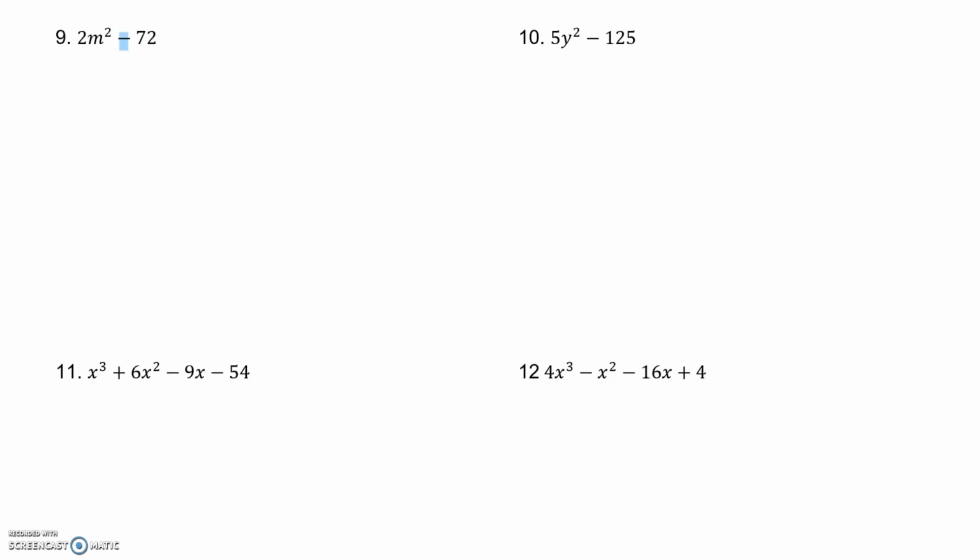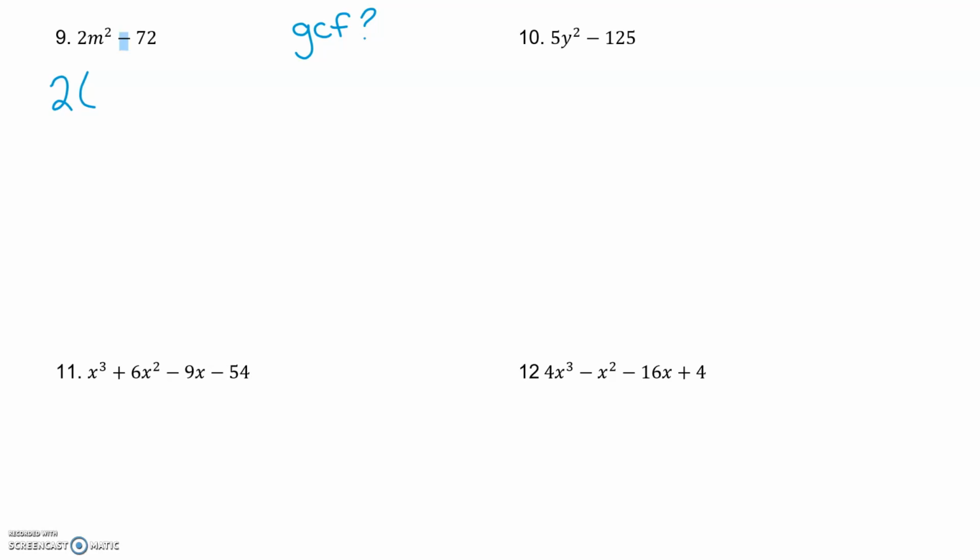So before we jump the gun and say that this one is not factorable and that we can't do anything, we always need to go back and ask ourselves, is there a GCF? Is there a greatest common factor between 2 and 72? And hopefully we all agree, yes. The GCF here is 2. So that means I can factor out a 2.